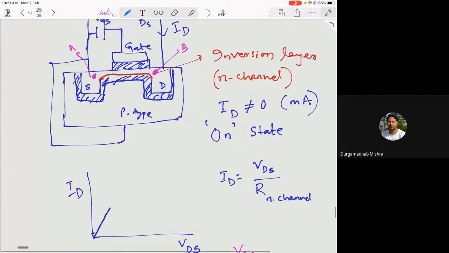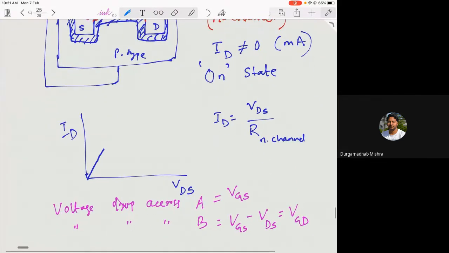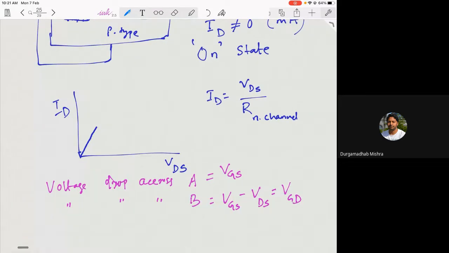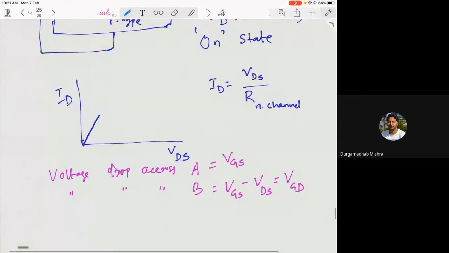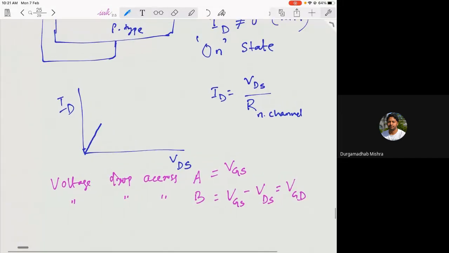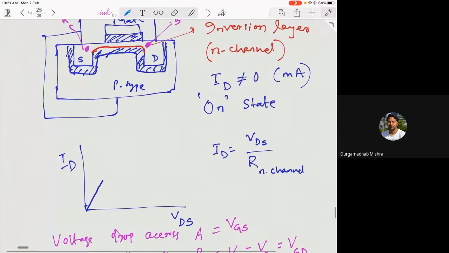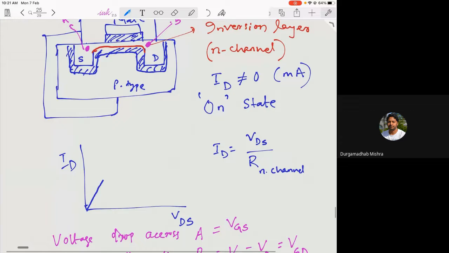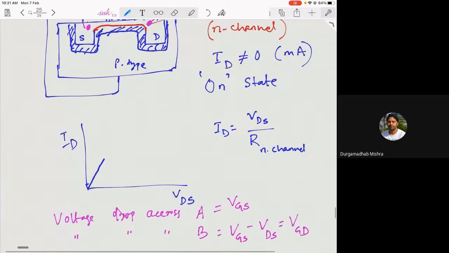So this is the voltage drop between gate and drain, VGD, equal to VGS minus VDS. So this is the voltage drop across B. That means the voltage drops across point A and point B are different.